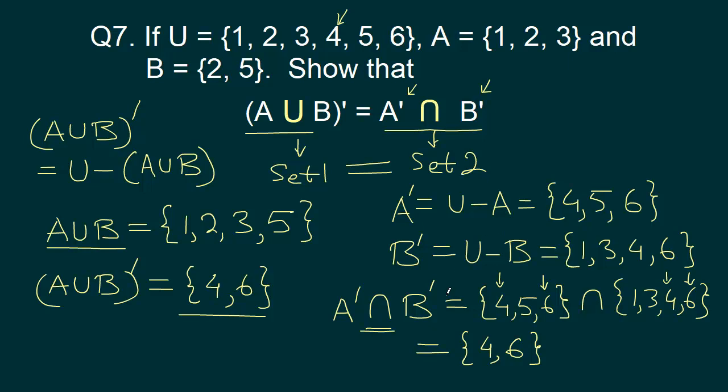So now we see that the left hand side is simply a set that contains 4 and 6, and this is indeed equal to the right hand side, which is A complement intersection B complement. This is how we solve these types of questions.